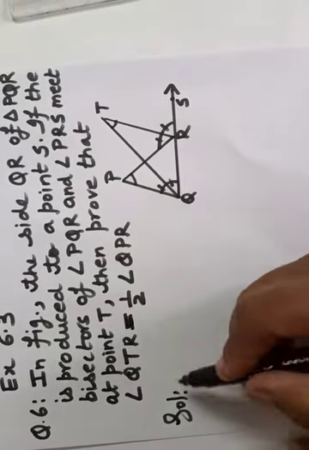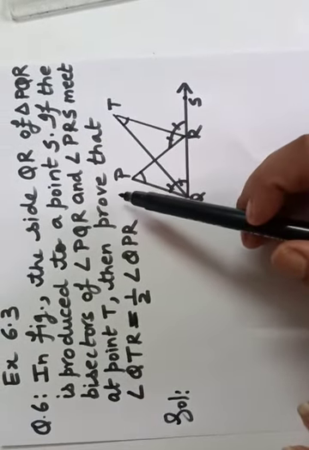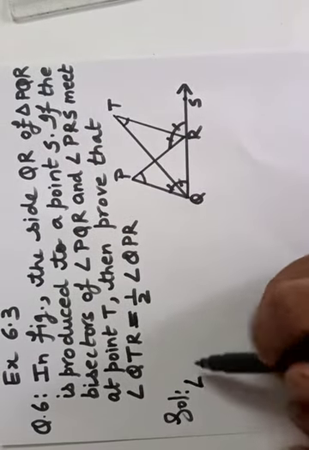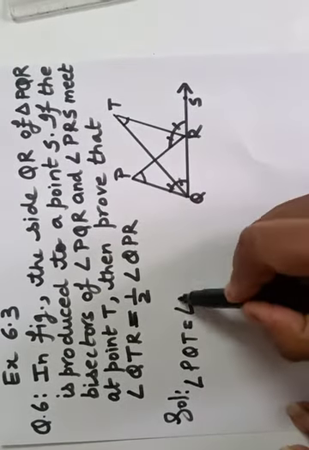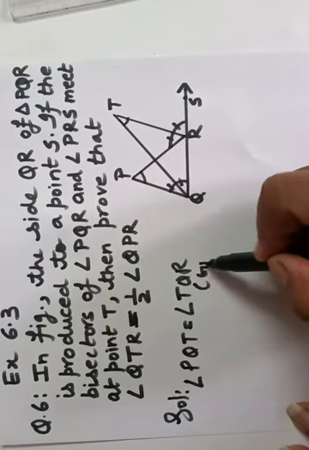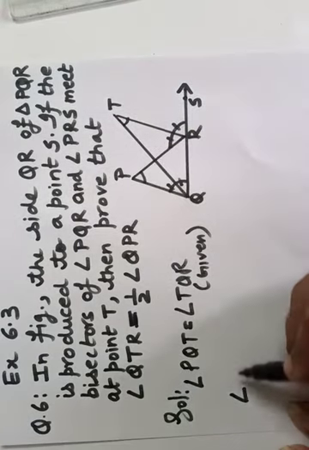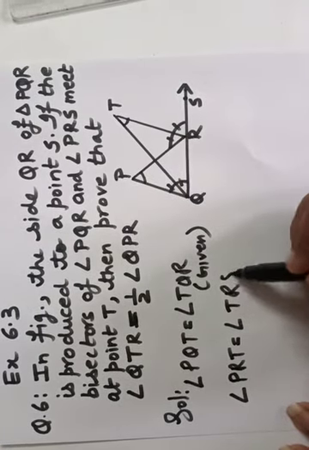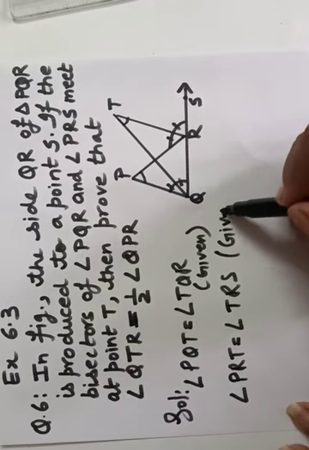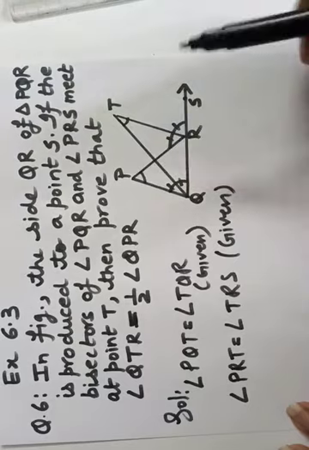solution. Since QT is bisector of angle PQR, that is given in the question. So angle PQT is equal to angle TQR, that is given, and angle PRT is equal to angle TRS, that is also given, since RT is the bisector of angle PRS here.